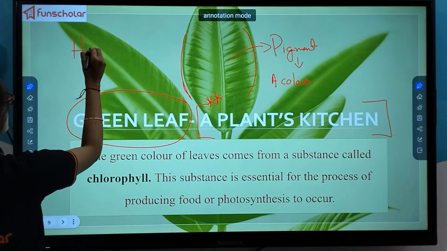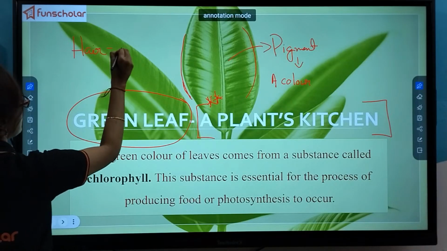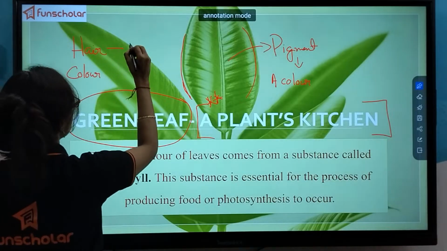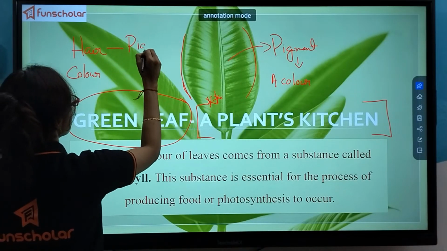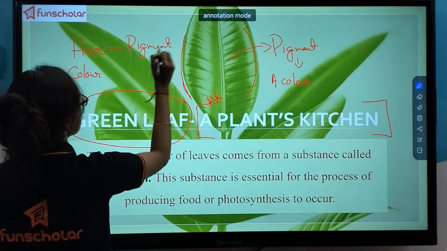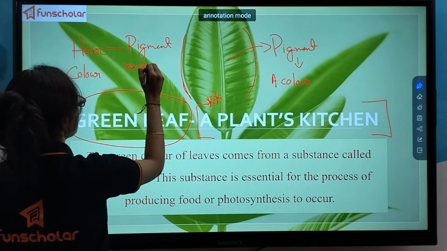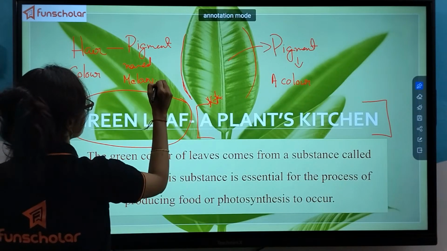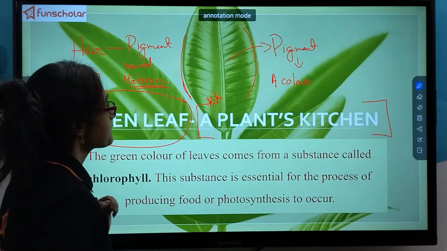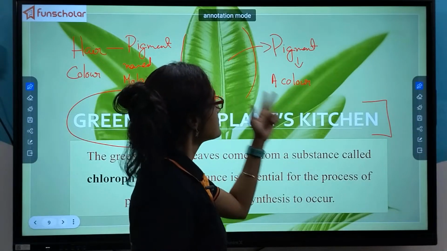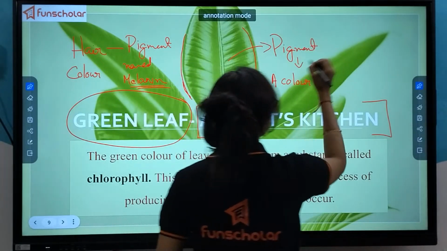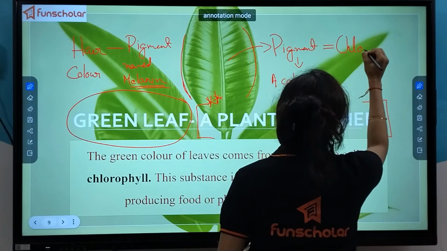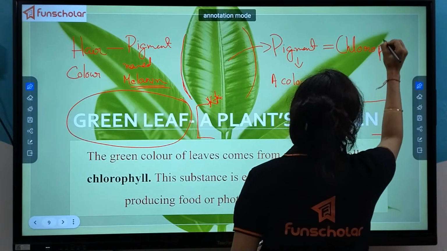Our hair color is due to the pigment named melanin. Okay. In the case of plants, the green color is due to the pigment called chlorophyll.